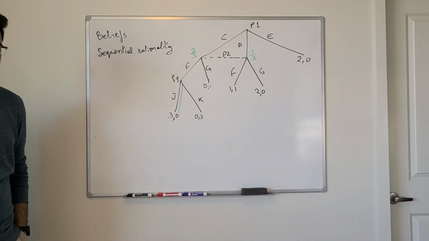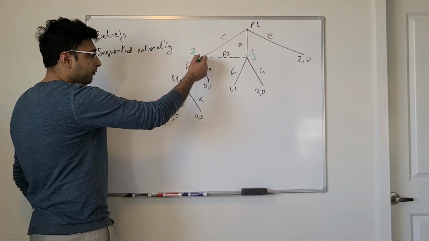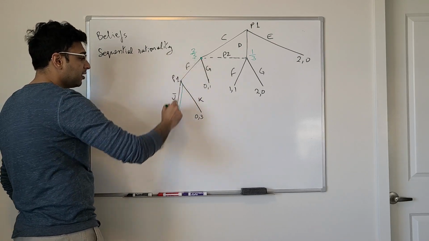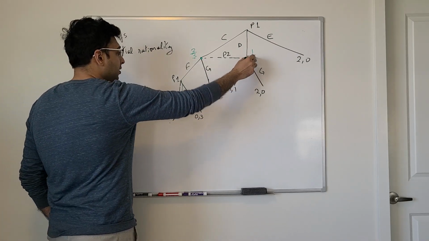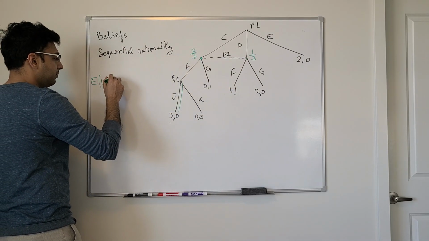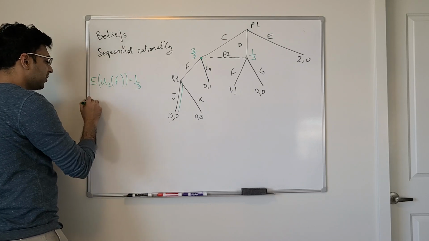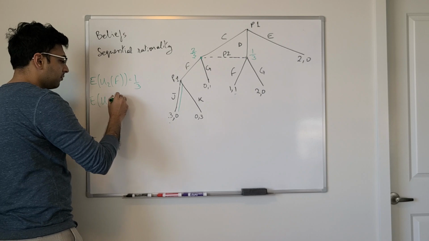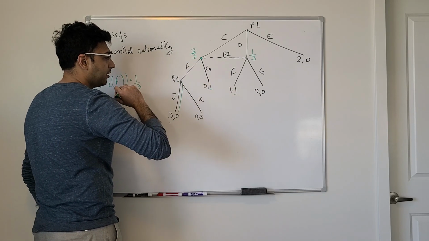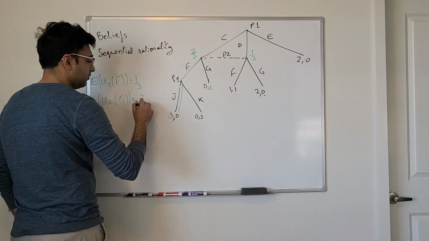What would player 2 choose? If player 2 chooses F, then with the probability 2/3, player 2 earns 0, and with the probability 1/3, player 2 earns 1. So the expected utility of player 2 from playing F is just 1/3. The expected utility of player 2 from playing G, on the other hand, is get 1 here and 0 here. So that's 2/3, right?